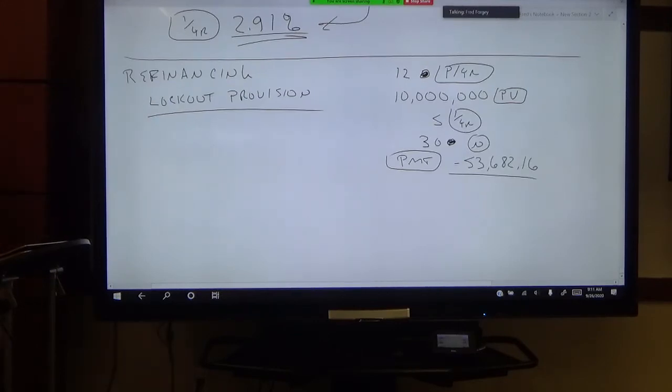All right, so that would be what your normal payment is on the current loan that you've got, and then all of a sudden, let's say the interest rates drop ever so slightly to 4.9%.